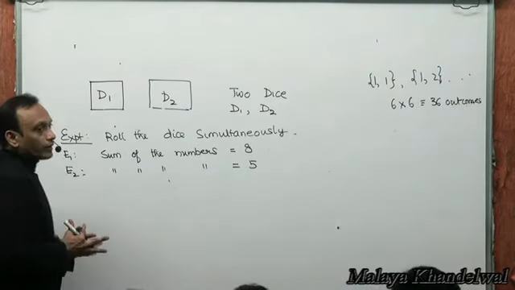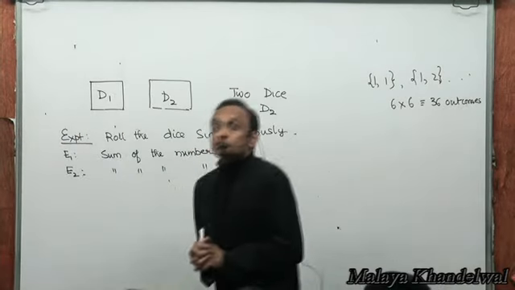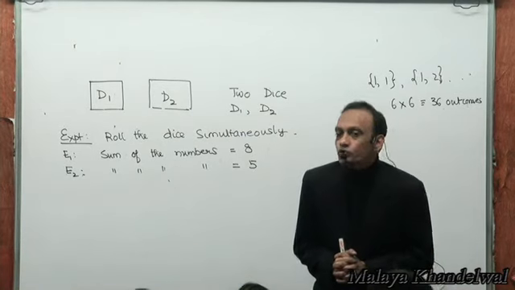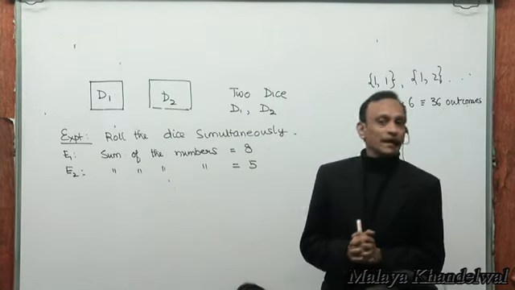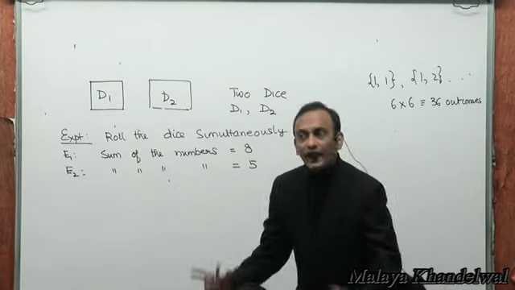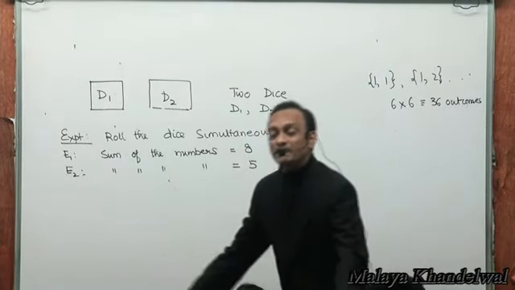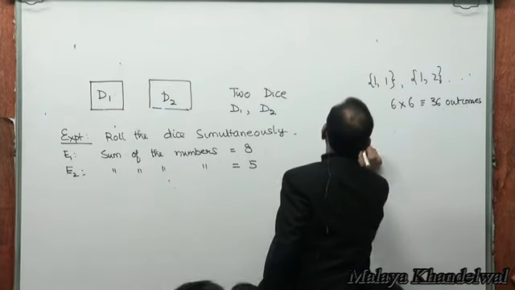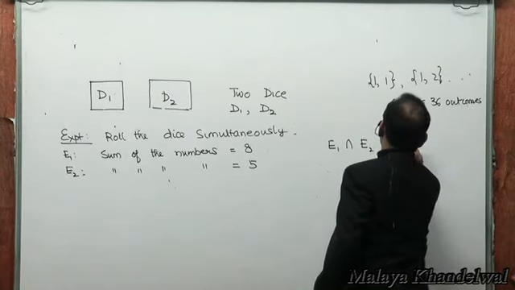However, realize that these 2 events cannot happen simultaneously. Do you realize these 2 events cannot take place simultaneously, right? I can't have E1 and E2 taking place simultaneously. That means E1 intersection E2 is a null set.